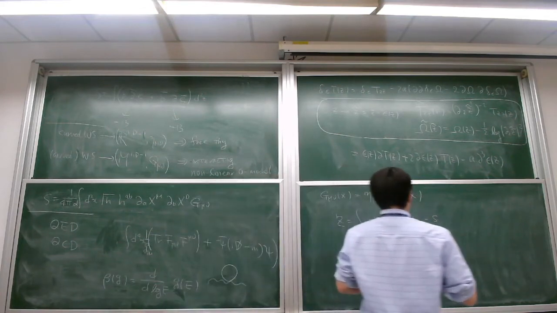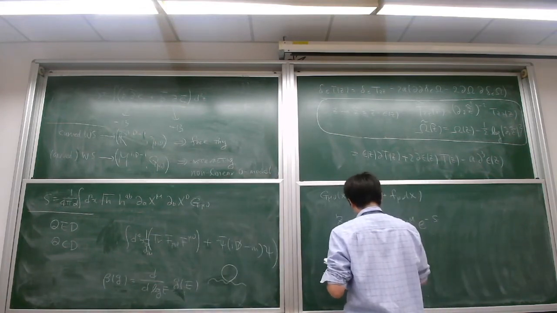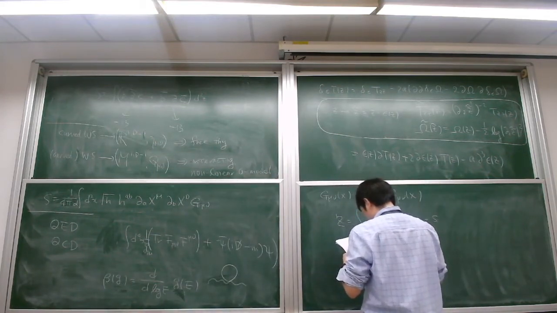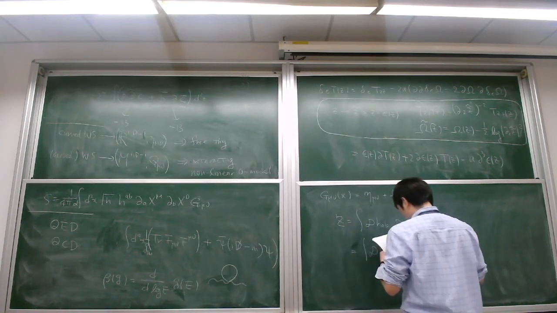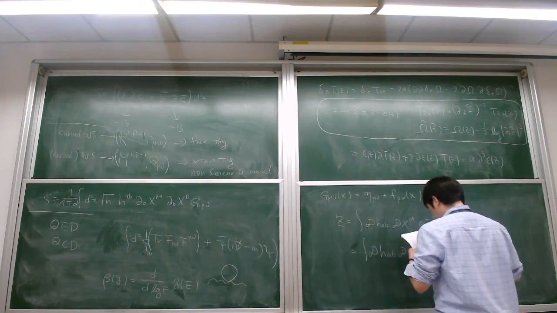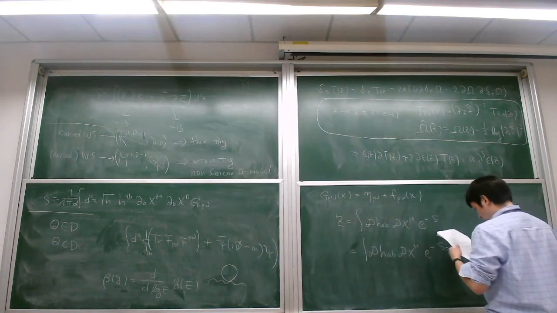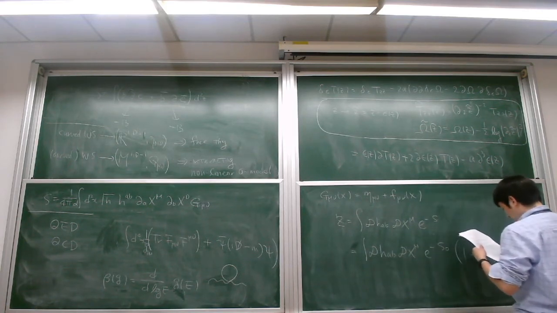So the first order, if you do the perturbation, minus S naught, 1 plus 1 over 4 pi alpha prime.